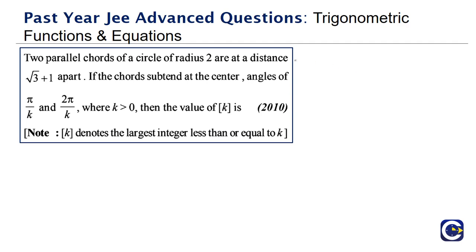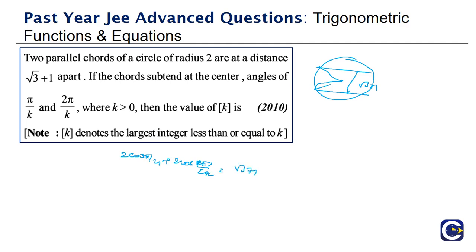So what we will do is, initially you will draw a circle. You will have two parallel chords, and the radius is 2, and the distance between them is √3 plus 1. Now from this figure what we can get is 2 cos pi by k plus 2 cos 2 pi by 2k is nothing but √3 plus 1, because they gave the distance.